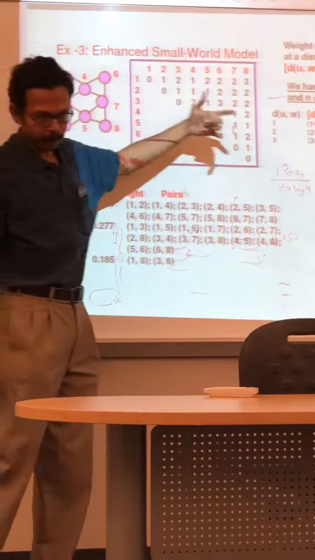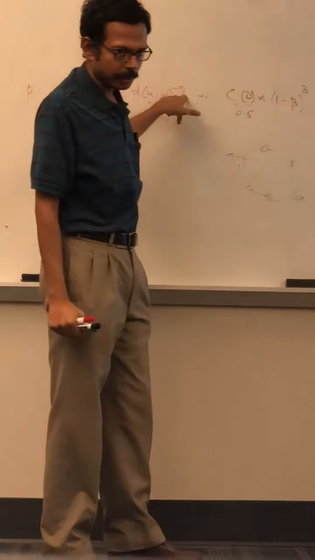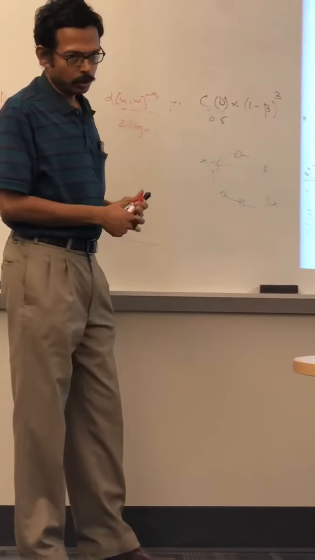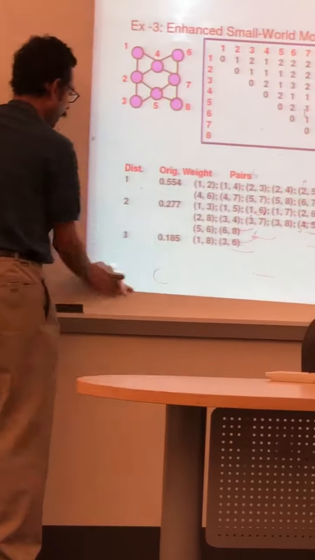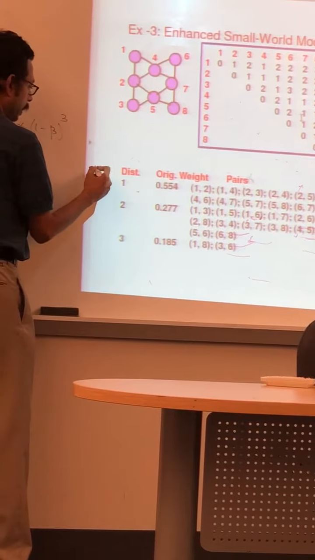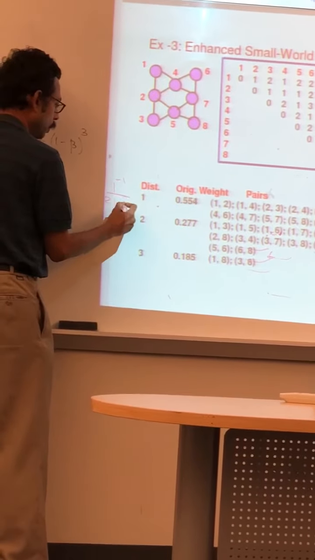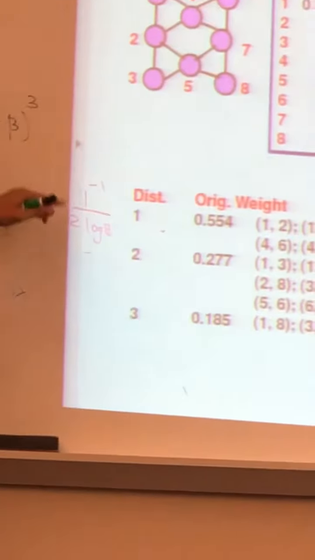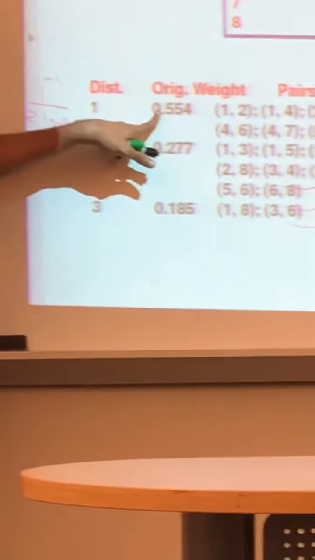Use that formula: the distance raised to negative q, the dimensionality, divided by 2 log n. For the distance of 1, how would we get the weight? It's going to be 1 raised to negative 1, the dimensionality, divided by 2 log 8. So it's 1 divided by 2 log 8, which comes out to be 0.554.